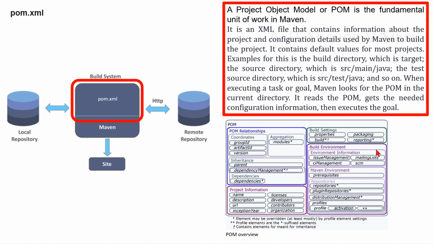Reporting. Reporting contains the elements that correspond especially to the site generation phase. Certain Maven plugins generate reports defined and configured under the reporting element. For example, generating Javadoc reports. Much like the build element's ability to configure plugins, reporting commands the same ability.